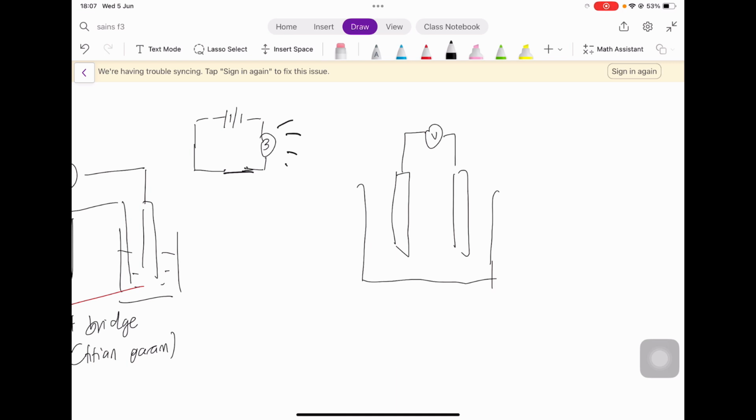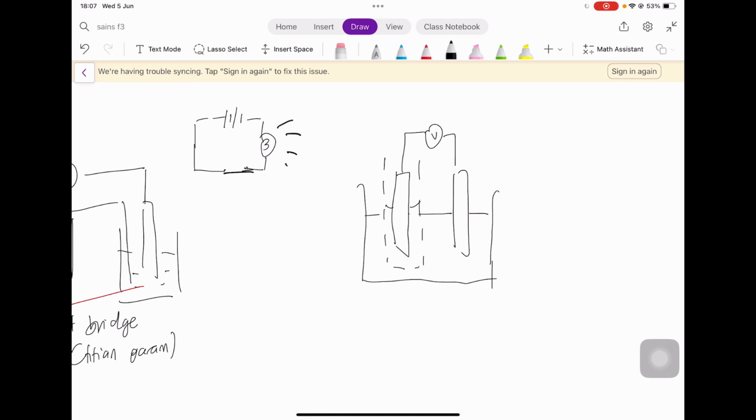Okay, now instead of like this, kita akan ada ruang sedikit untuk our pasu berliang, or we call it porous spot. Okay. Okay, now inside the porous spot also have solution, different solution.